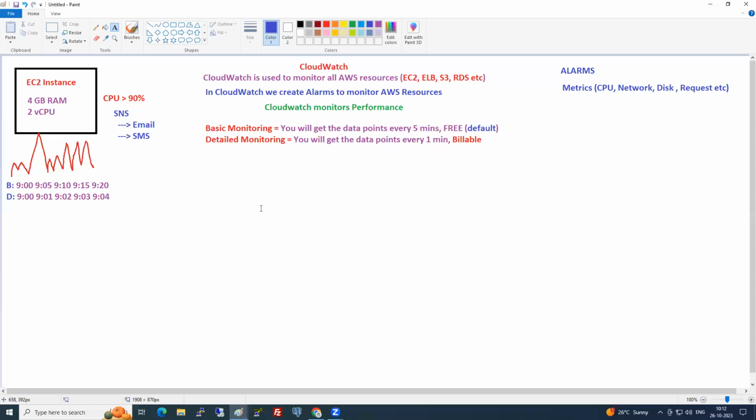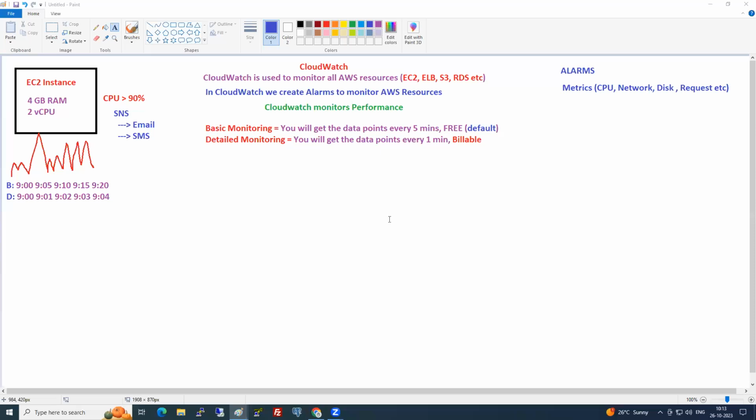I'm talking about the application server here. If the load balancer is doing the monitoring for the application, then who will do the monitoring for the server? CloudWatch. Okay? Hope that is answered. Is this clear? CloudWatch?